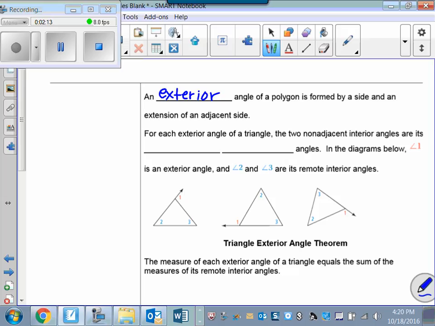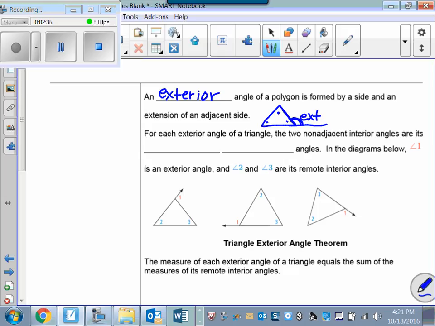So if we have a triangle here, we know that this one and this one are interior angles, but if we extend this side, and here's the adjacent side, then this angle here is an exterior angle of our triangle. And of course we could draw 3 exterior angles if we wanted to.